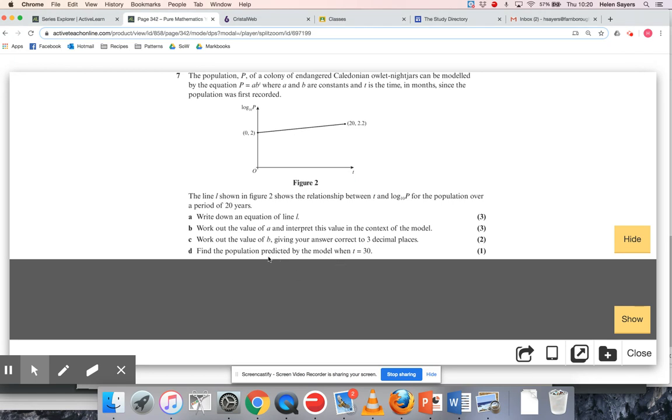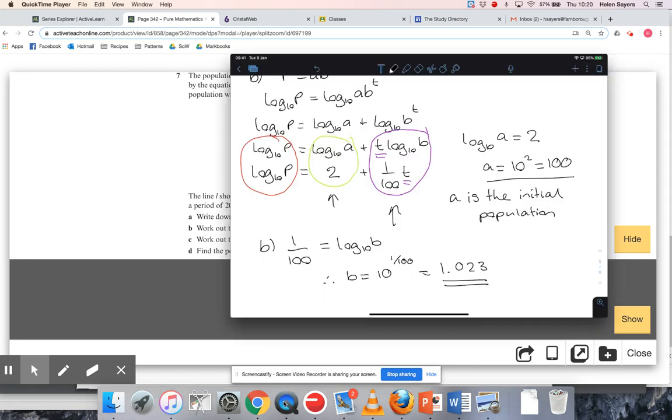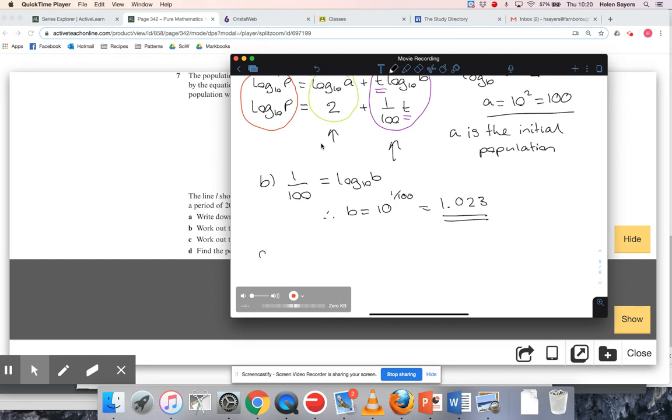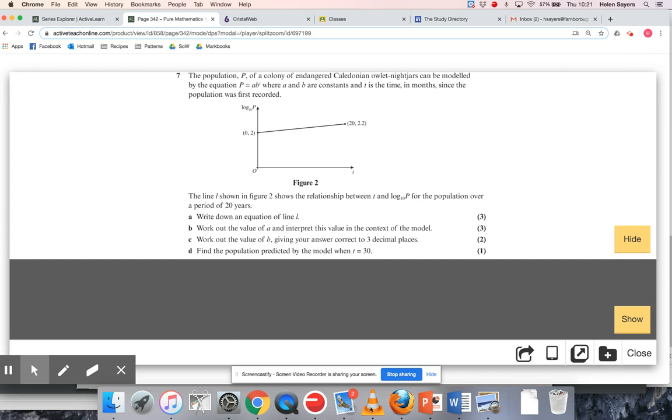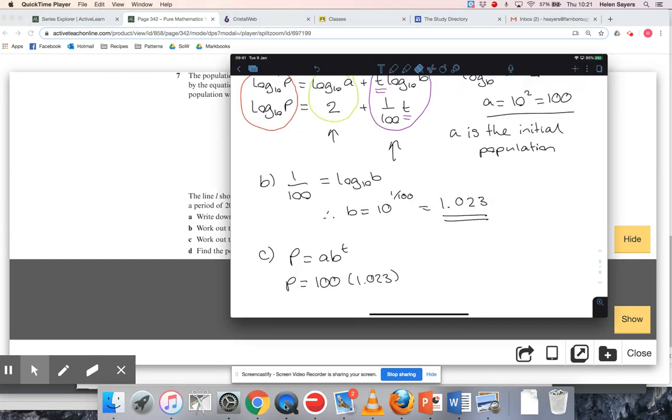Now find the population predicted by the model when t is 30. I could use my straight line equation, but now I've got the values of a and b, I can just put those into the exponential equation, with t as 30.